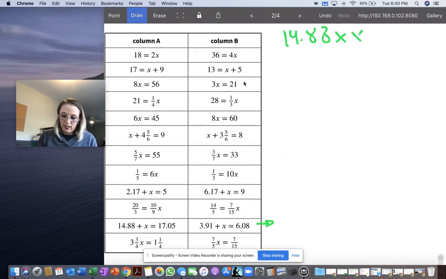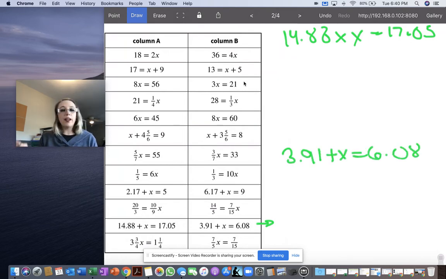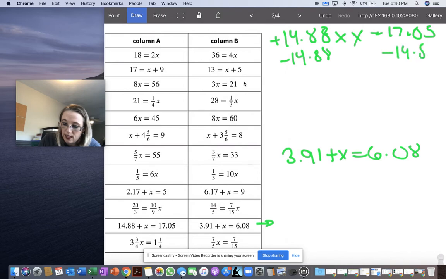14.88 plus x equals 17.05, and 3.91 plus x equals 6.08. Okay, so we are back to addition. Okay, remember you have your secret little positive sign out there, so we're going to subtract 14.88 from both sides, and x is going to give you 2.17.